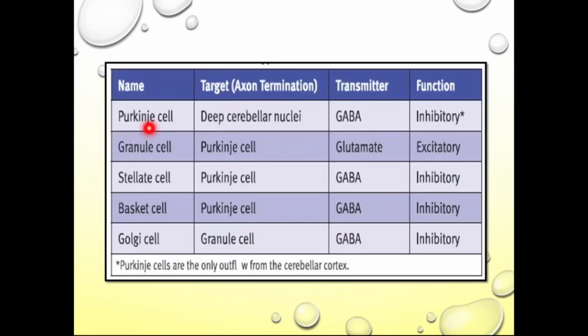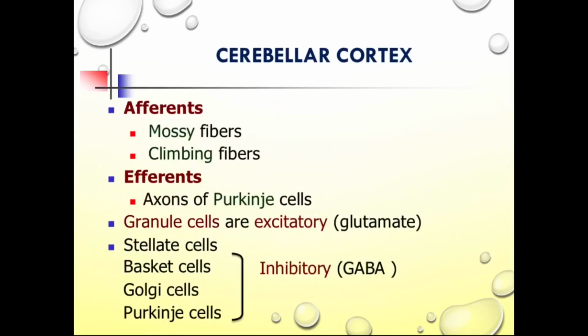So the Purkinje cell is inhibitory, and all of the cells are inhibitory except the granule cell, which releases the excitatory neurotransmitter glutamate, and the only output from the cerebellar cortex is the Purkinje cell. Now, within the cortex, the afferent fibers were the mossy and climbing fibers, right, and the efferent is from the Purkinje cell.